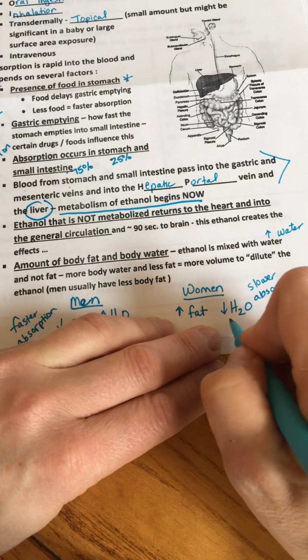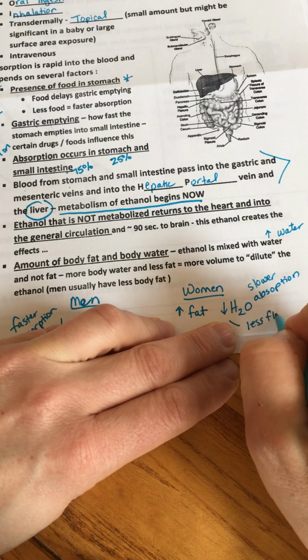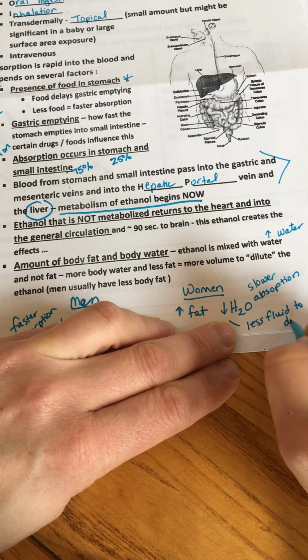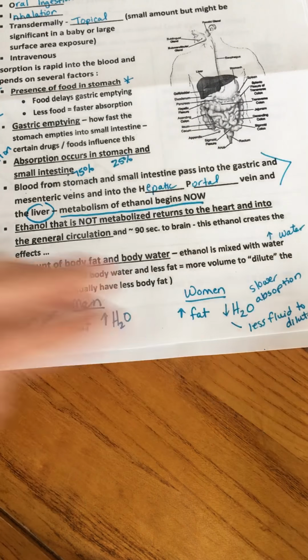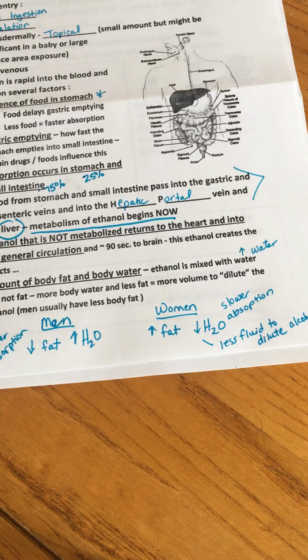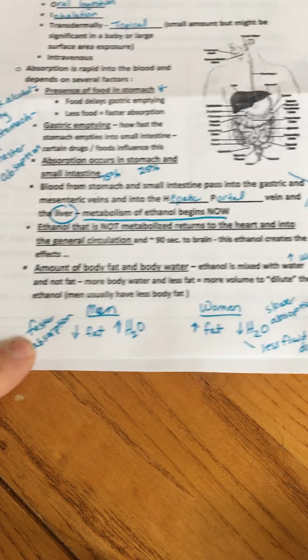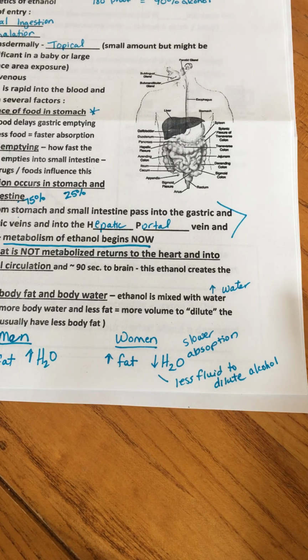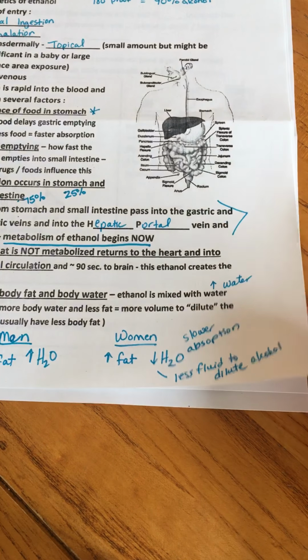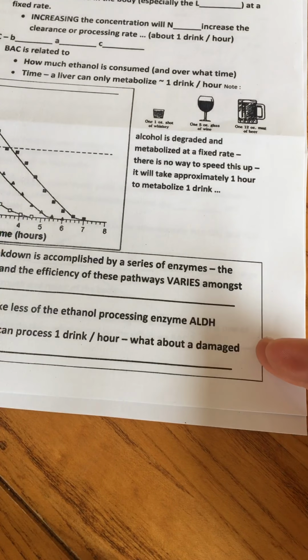However, there is less fluid to dilute the alcohol. So even though the absorption has a different speed, there's less alcohol dilution in a female because of that lower amount of water. So men, you have that faster absorption, but females, even though you have a slower absorption, you have less fluid to dilute the alcohol. So it sort of balances it out a little bit.